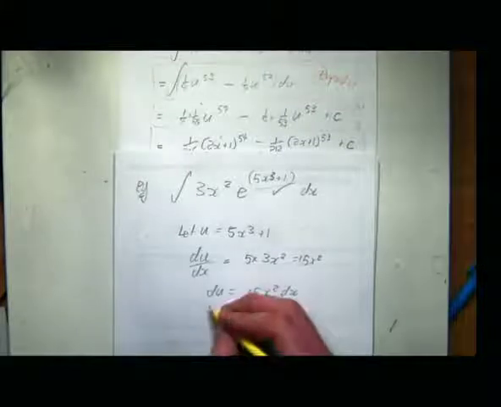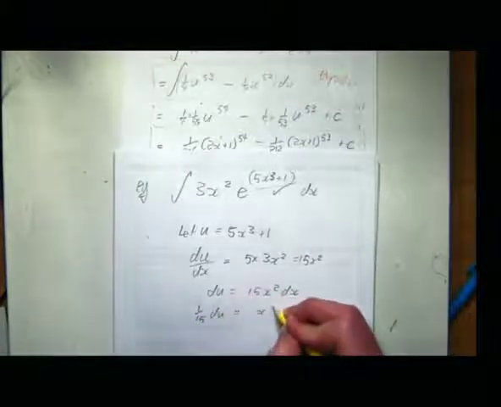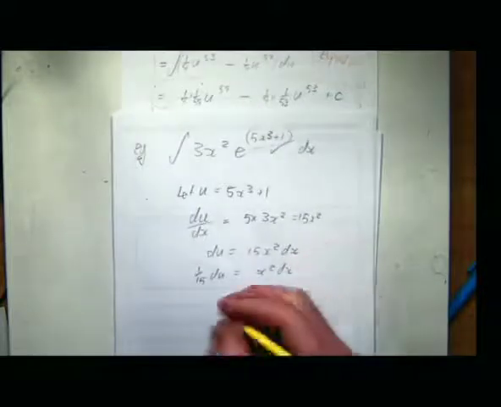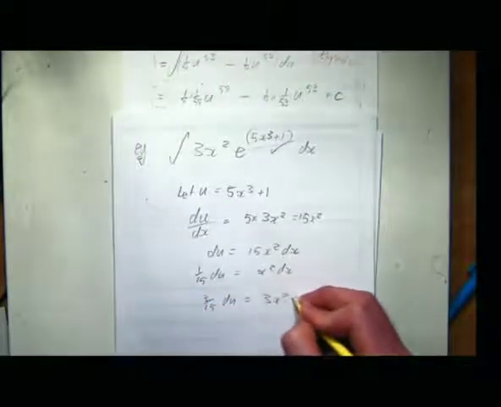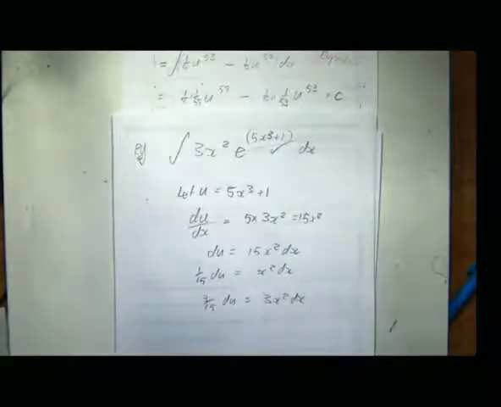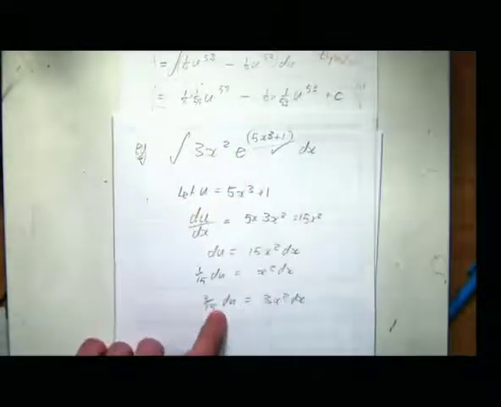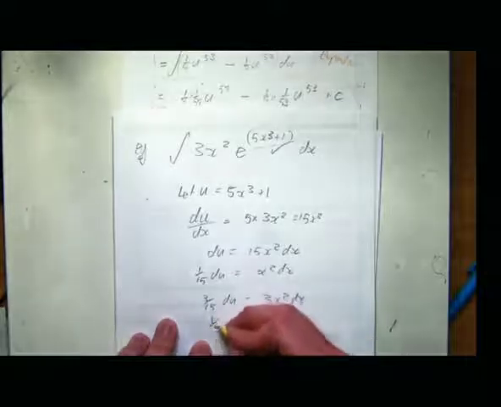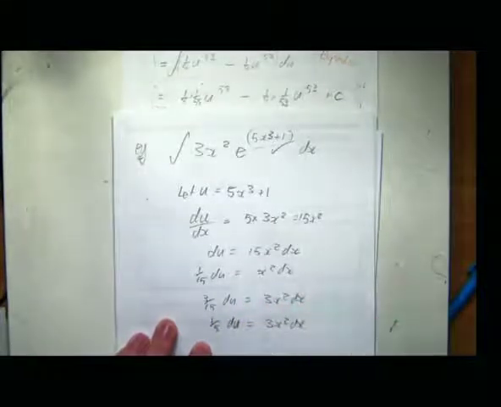So if I divide by 15 and times by 3, now everything matches. The 3x squared and the dx together become 3/15 of du, which is the same as a fifth. Like that.